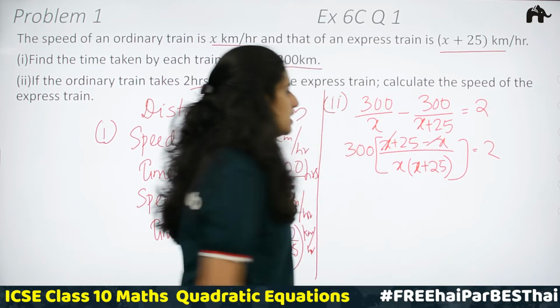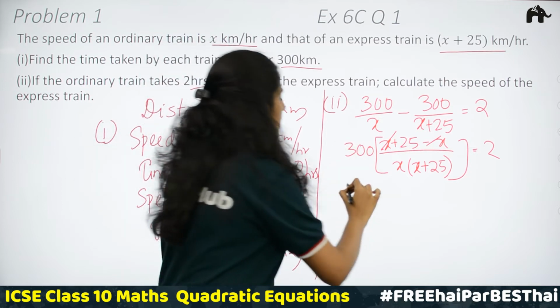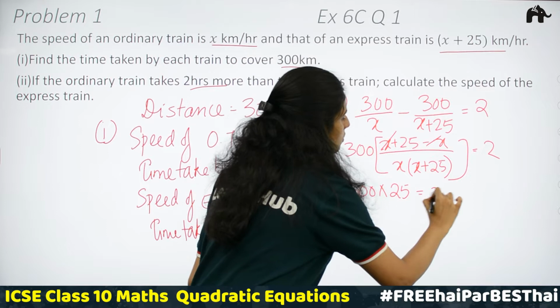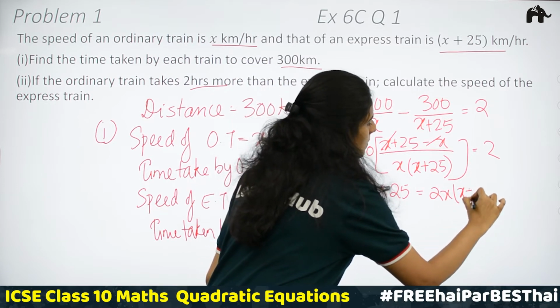X and minus x can be cancelled. Here we have 300 into 25 over 2x into x plus 25.